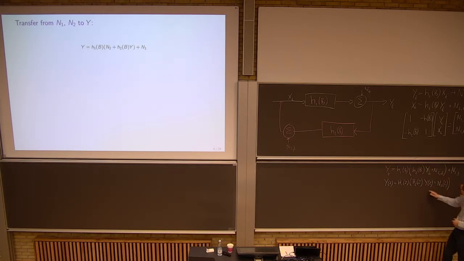So that was the first bit, and then I have n1 of z at the end out there. Now I can use my usual calculation rules. So what do I have to do? I have to multiply h1 into this parenthesis. When I've done that, I will recognize I have one term on the right-hand side related to y, and all the rest is just noise.